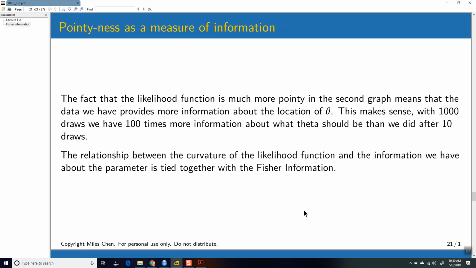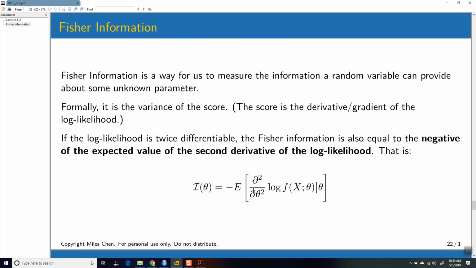And so this comes together in the Fisher information, and the Fisher information ends up being this equation, right? Formally, it's the variance of the score, where the score is the derivative or the gradient of the log likelihood, okay?